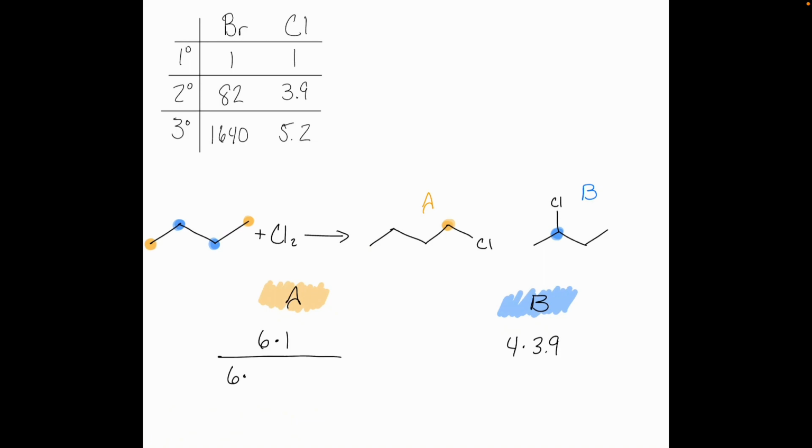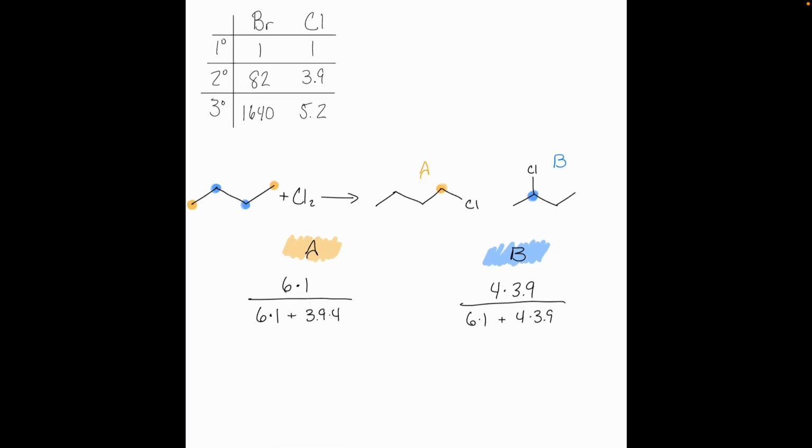All right, so then sum that all up. I would get that 0.27 or 0.28, rounding it, and 0.72. So 28% would be product A. My major product, 72%, would be product B.